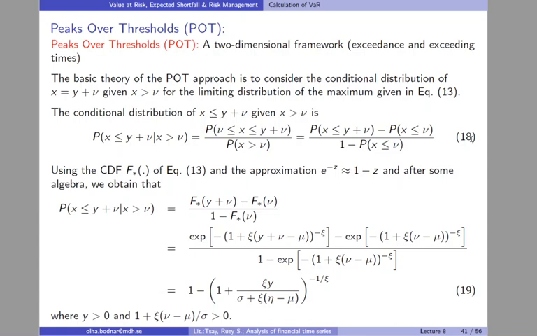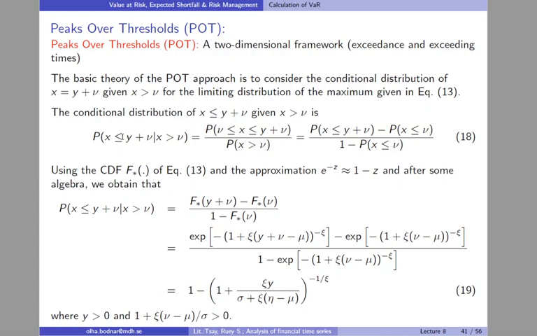And so we can use the cumulative distribution function and this approximation. This is true for smaller z numbers. And some algebraic transformation that I'm going to omit for everyone's sake. And we have this nice equation here.